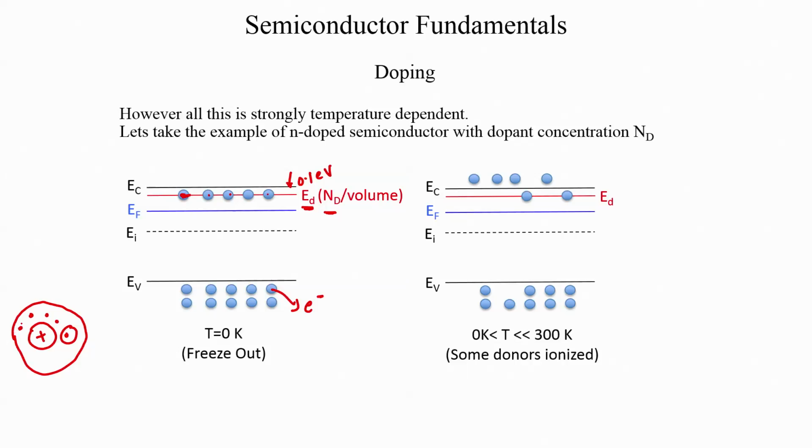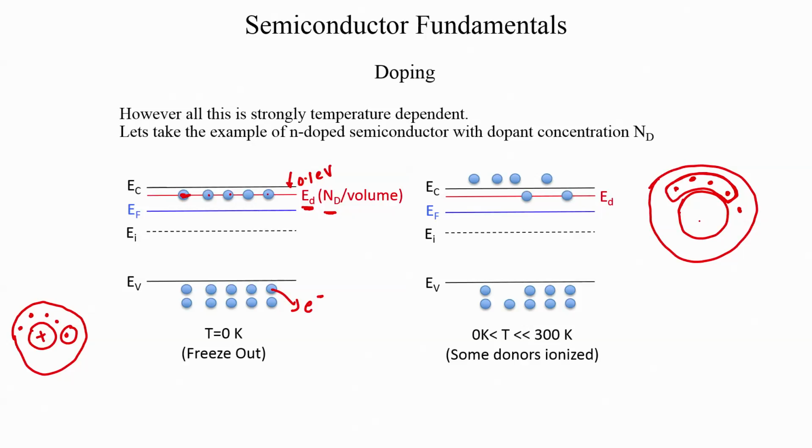We will only show the 5 valence electrons. These 4 participate in the bonding with the silicon, and this entire thing together is charge neutral.